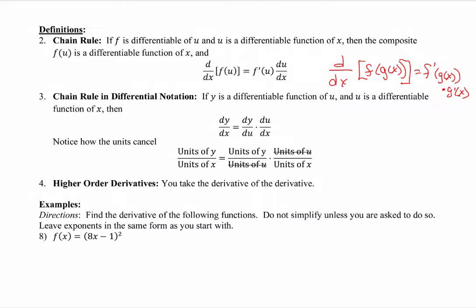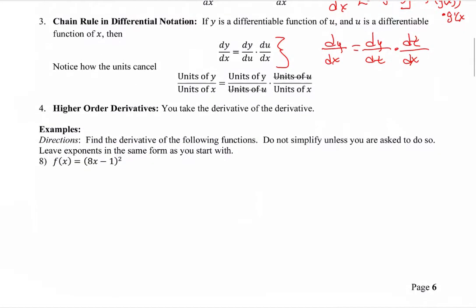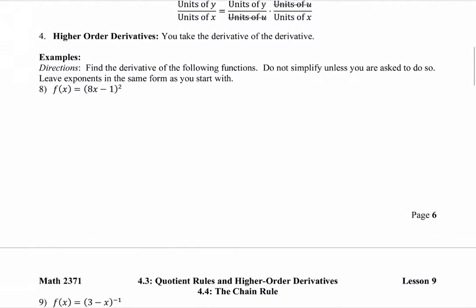Now, this is another notation. This says that dy/dx, or a lot of times you'll see it as dy/dx equals dy/dt times dt/dx. Okay? So those are two different ways that you often see the chain rule used.